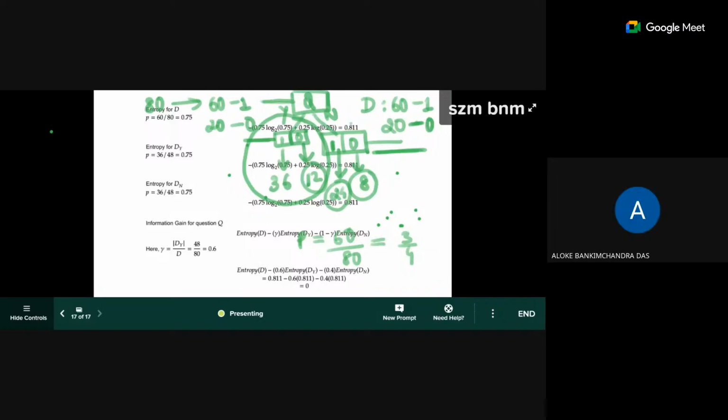Yes, you can say that, because they are percentage numbers. It will always come out positive, between 0 and 1. We will calculate accordingly. Very good question.